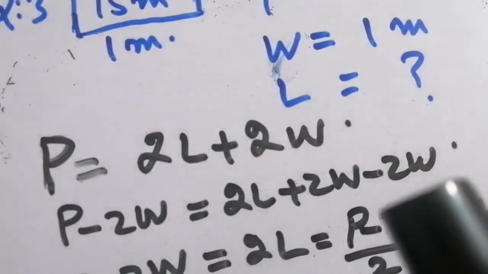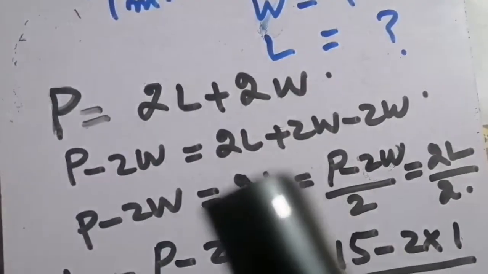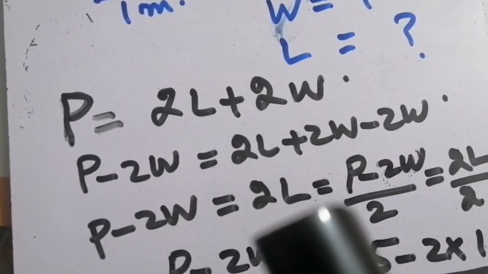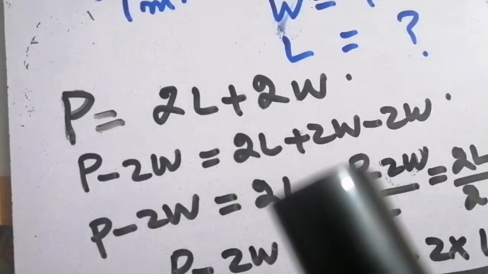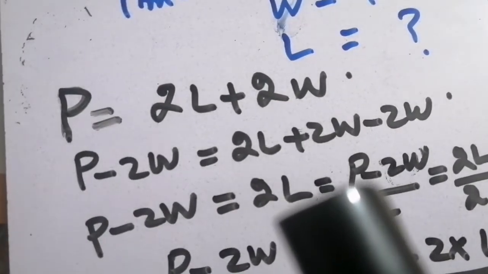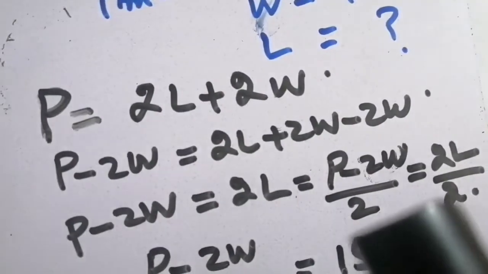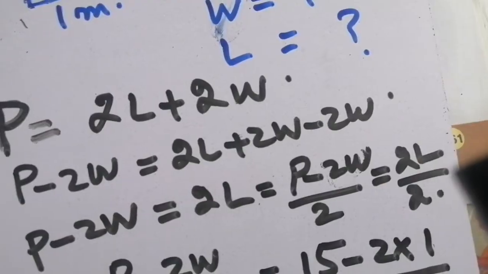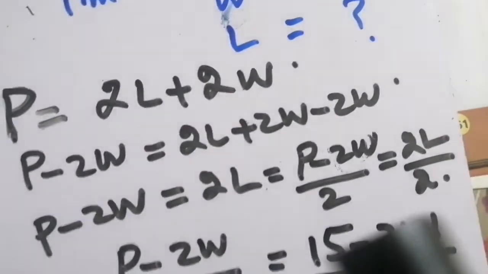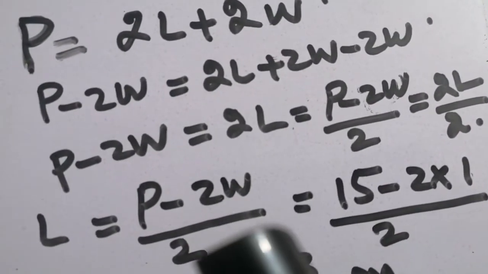So this 2W is cancelled. So we find that P minus 2W is equal to 2L. In the same way, here 2 is multiplying with L, so we divide by 2 on both sides. So P minus 2W divided by 2 is equal to 2L divided by 2. This 2 will be cancelled. Our formula will be L is equal to P minus 2W divided by 2.